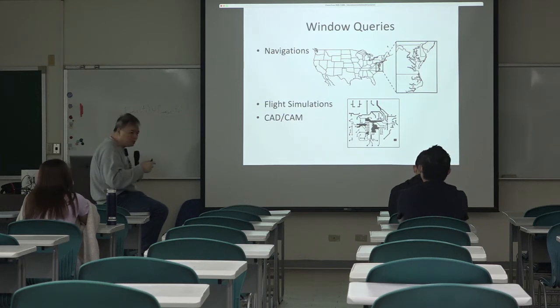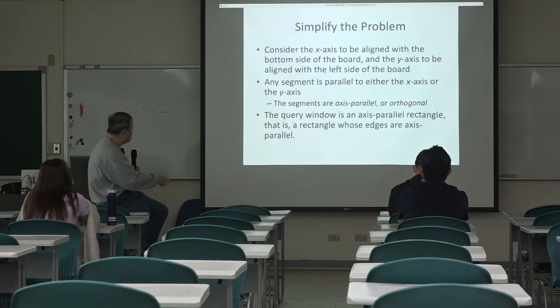So the query window is an axis parallel rectangle, that is, a rectangle whose edges are axis parallel. We first have this restriction.